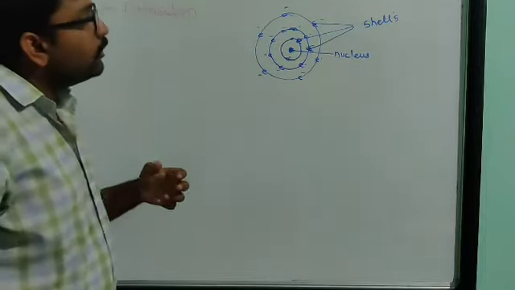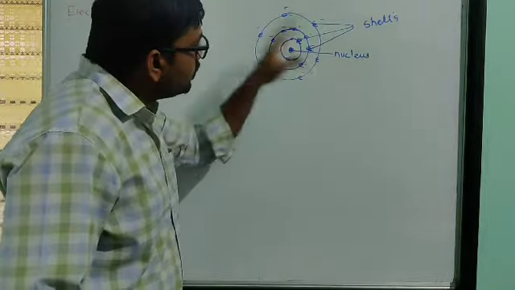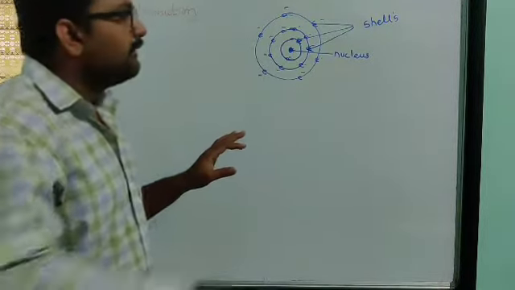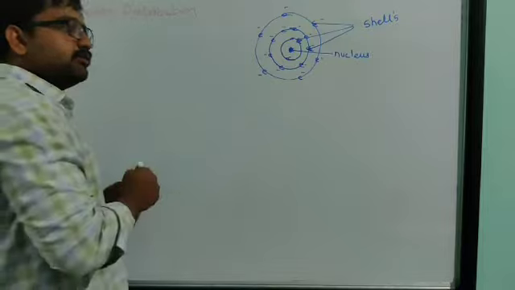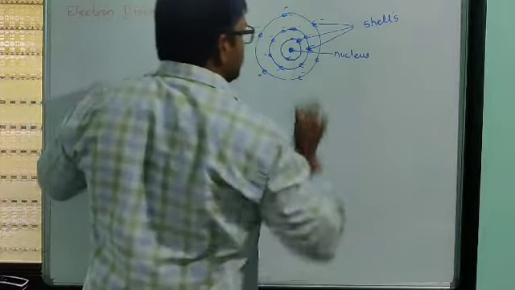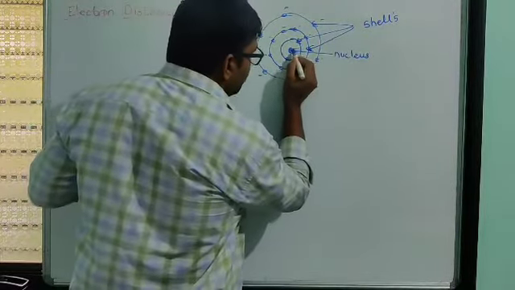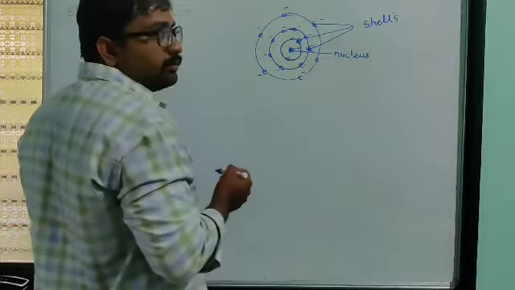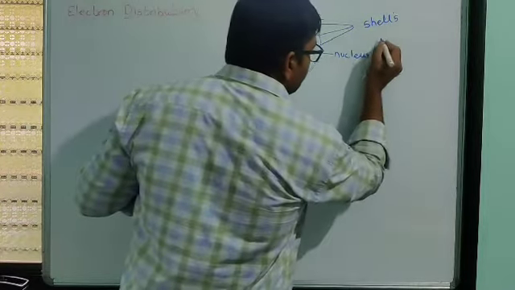Now numbering is also given to these shells. We also saw this yesterday in the last lecture. This is the nucleus and this is the closest shell to the nucleus. That is the first shell.